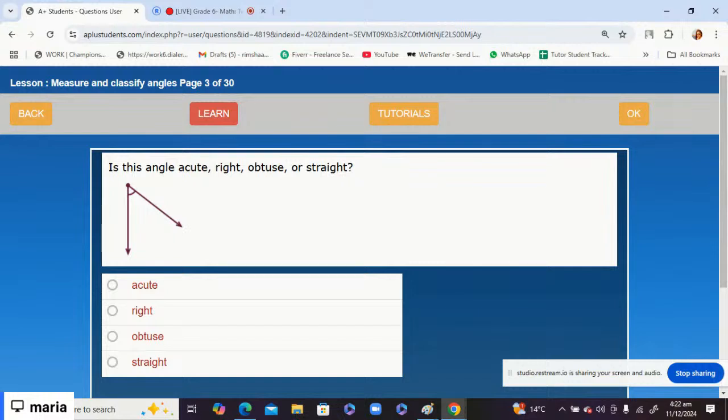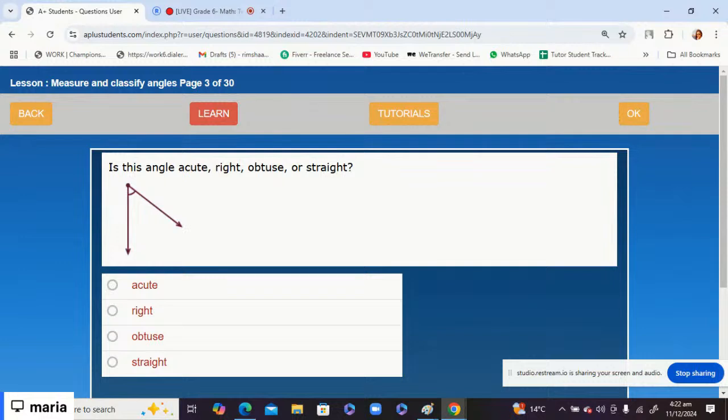Is this angle acute, obtuse, right, or straight? Check it out, everyone. Is this angle greater than 90 or less than 90? It may be acute or obtuse because it's not a straight.